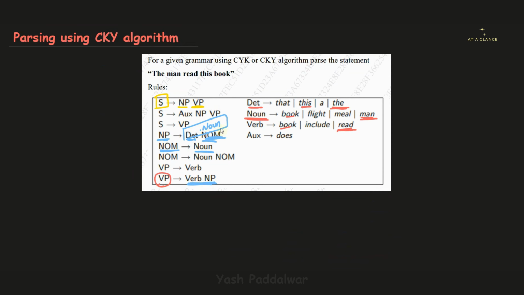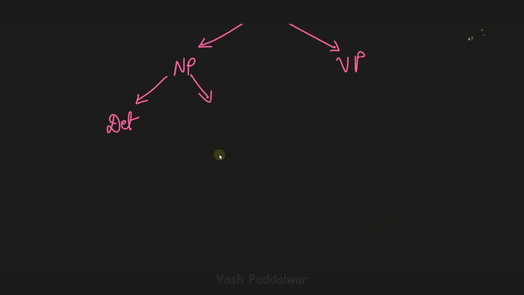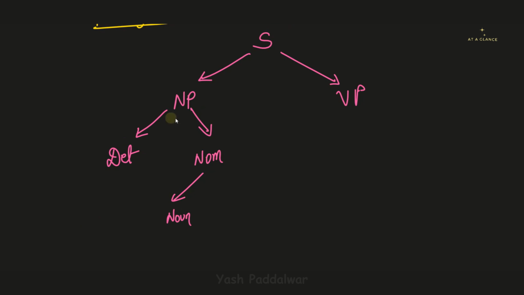With determiner, nominal is present. So that is why we will have to first write nominal, and then we can write noun. So we'll have to first write nominal and then we can simply point to noun. So let's do that. So over here it is nominal. Then this nominal can point to noun. Now this part is done.